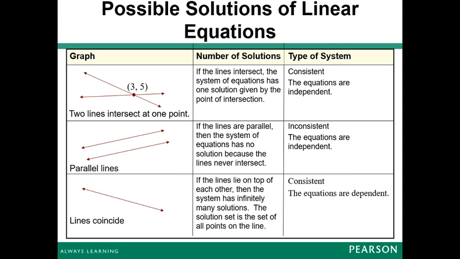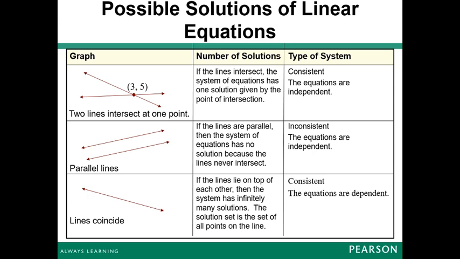If you can see, we can graph and draw the lines, and the answer can be parallel lines. If the lines are parallel, then the system of equations has no solution because the lines never intersect. So in this case, the type of system is inconsistent and the equations are independent. Okay, because we can find the lines are independent of each one.